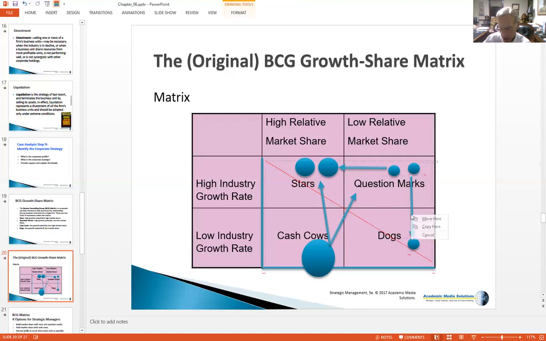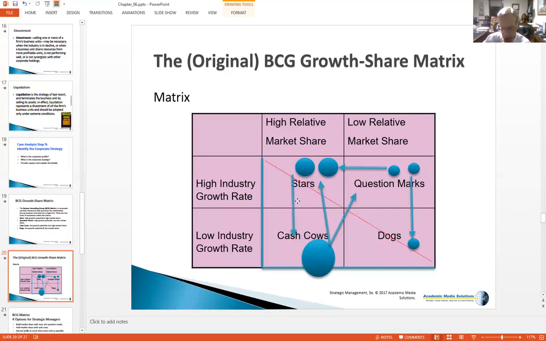Now, one of the things that we haven't mentioned is the fact that eventually stars will become cash cows. Over time, they will quit growing so fast. They'll keep their market share if they're run well, but eventually they'll become cash cows.